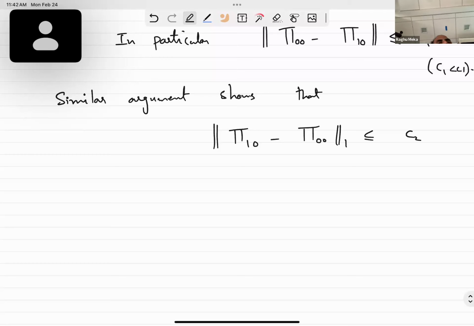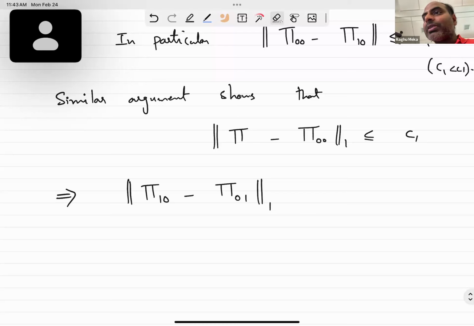We did the first one from the perspective of Bob. We do the second one from the perspective of Alice. We get the same inequality again. Okay, we put these two things together and use, sorry, it should be 0, 1.